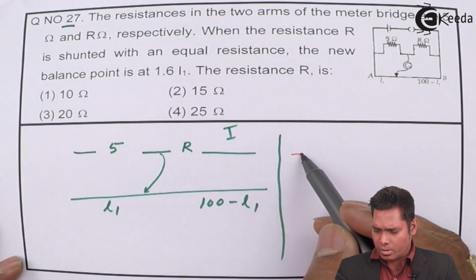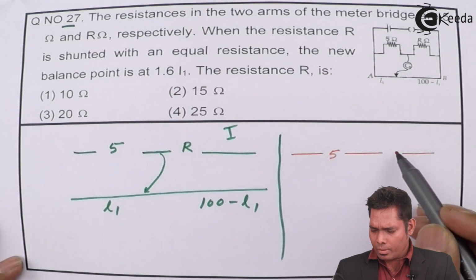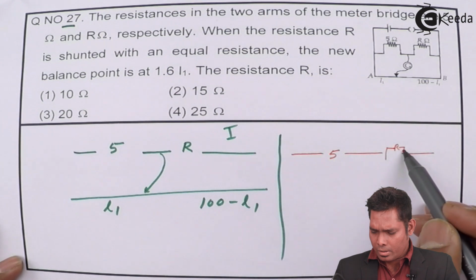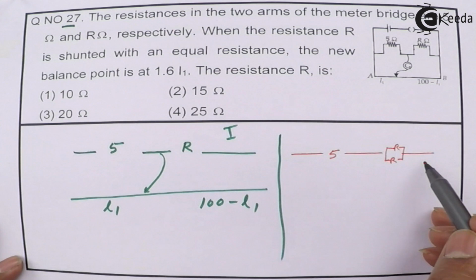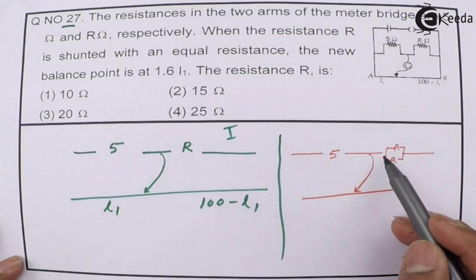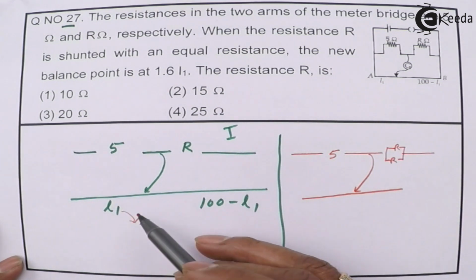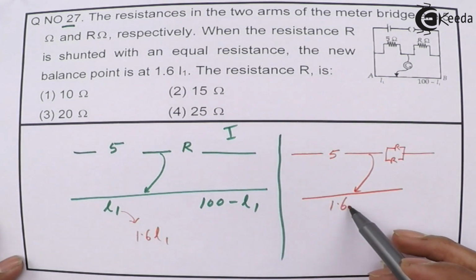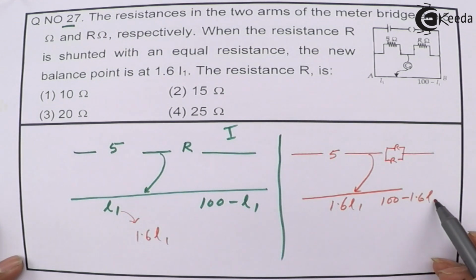So in this situation, this R is shunted with another R, so this is in parallel, and the balancing point changes as the ratio increases. So this should increase from L1 to 1.6 times L1. So this is 1.6 L1 and this is 100 minus 1.6 L1.